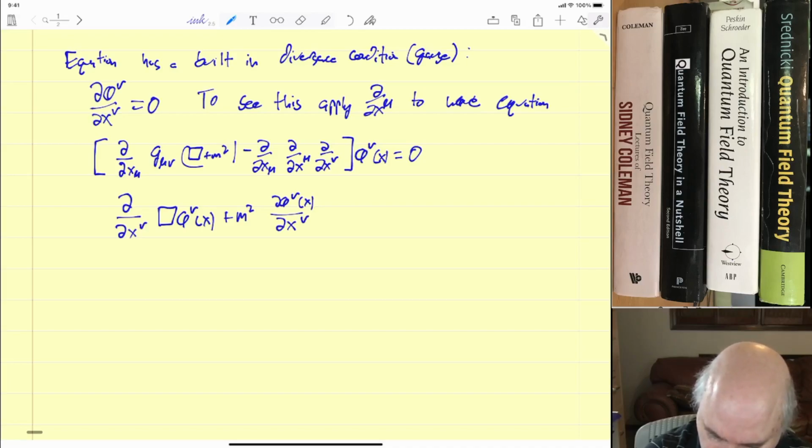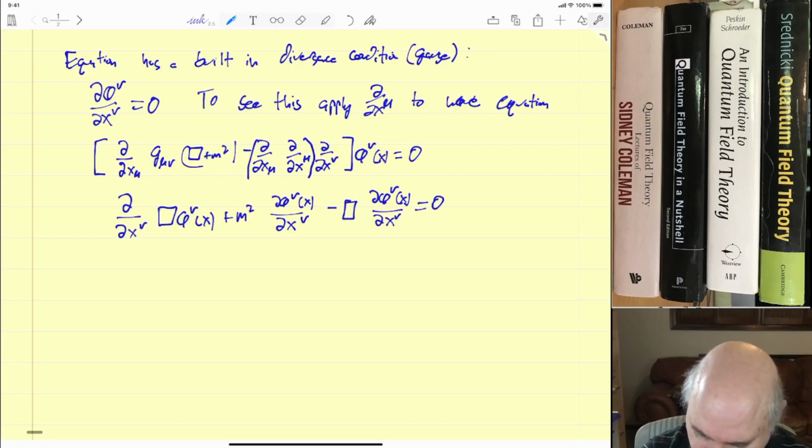Again, the g mu nu just replaced the mu by a nu and lowered it. Minus, now this combination over here is just a box. So I have minus box times the partial of phi nu of x with respect to x nu, equals 0.